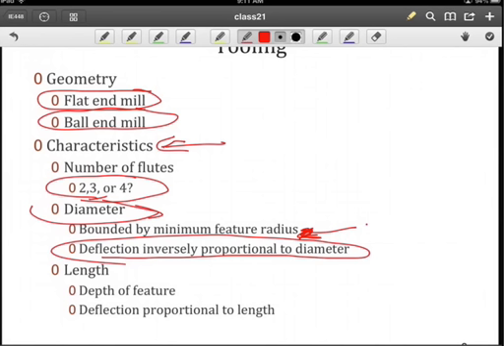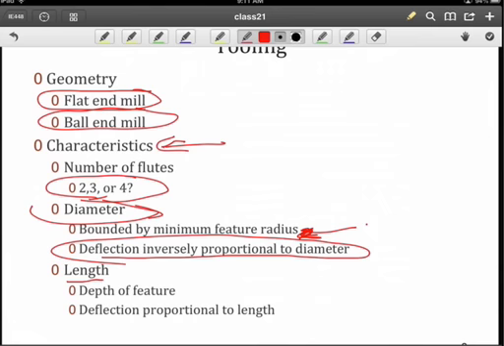So that suggests, of course, to have the largest diameter possible to minimize tool deflection, and tool deflection is going to contribute to deviations from nominal. So we already recognize that there are going to be certain deviations, and one contribution will be the tool deflection.